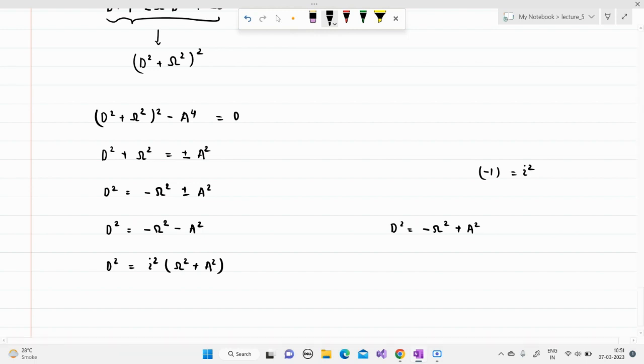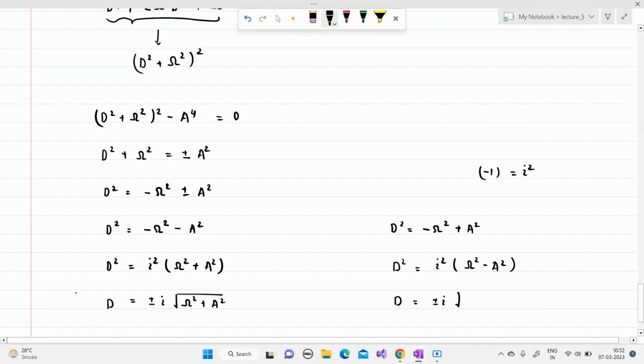Fine. And now let's take the square root. So D will be plus minus i under root of (omega square plus a square). And here similarly D square is equal to i square times (omega square minus a square), since we have taken the minus sign common. So D is equal to plus minus i under root of (omega square minus a square).